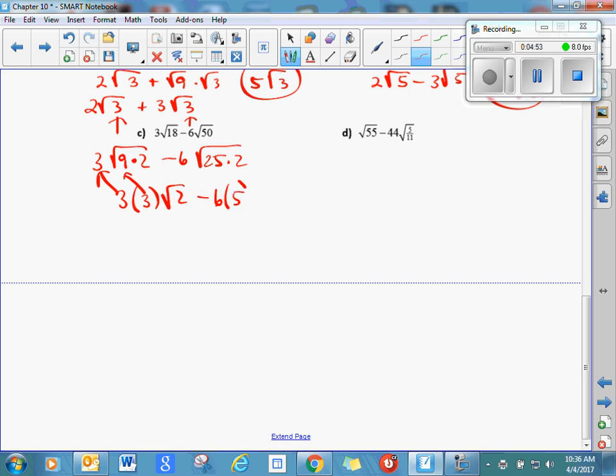Minus 6 times 5 radical 2. These are coefficients that are out in front. They just stay there, and then they'll multiply nicely once you bring something else outside the radical sign. So that becomes 9 radical 2 minus 30 radical 2, which gives you negative 21 radical 2 as your final answer. These are kind of fun, huh?